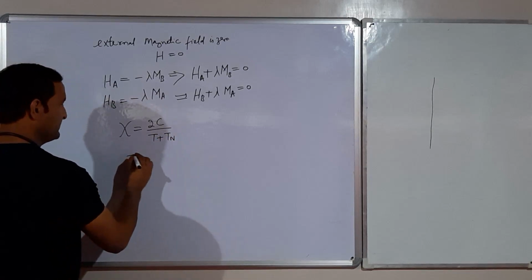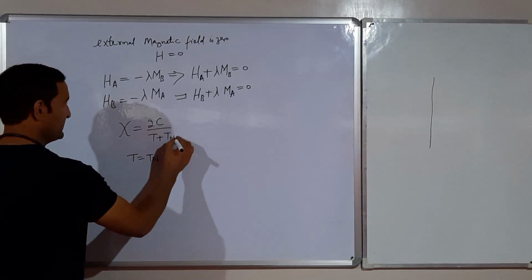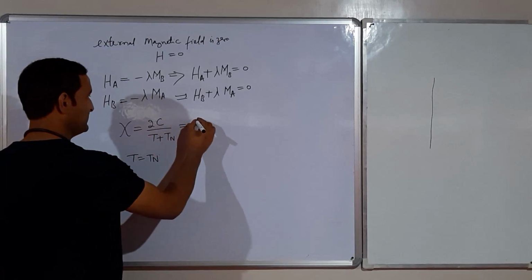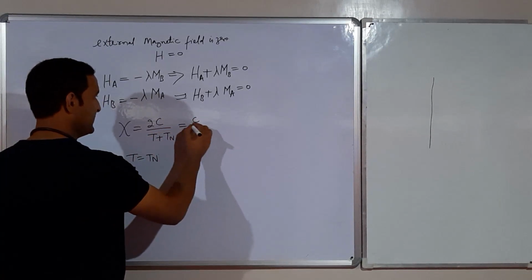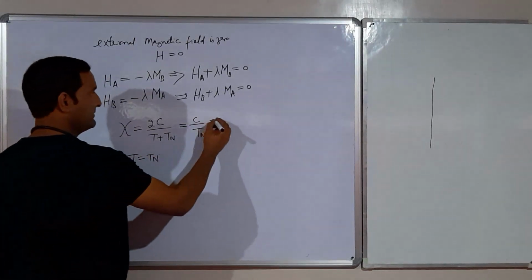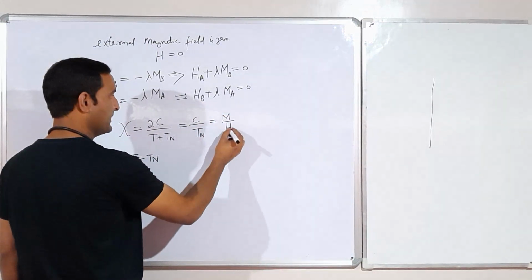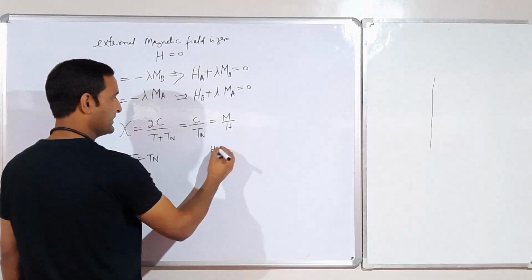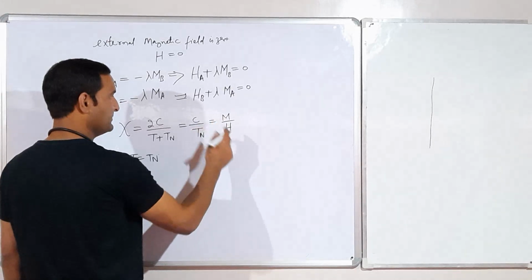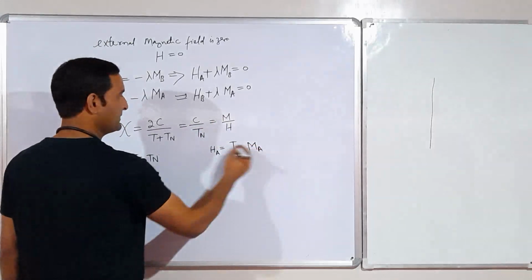At the Néel temperature, if T equals Tn, this will be equal to twice C upon twice T, that will be equal to C upon Tn. The susceptibility will be equal to M upon H. So in place of HA, we can write HA will be equal to Tn upon C into MA, this equation.